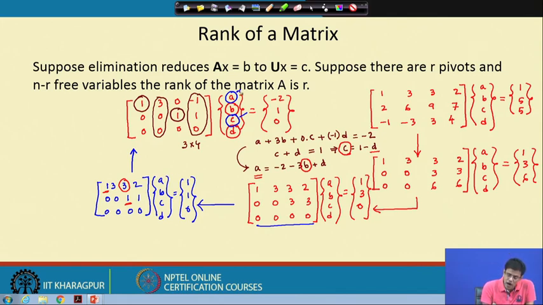So A and C are known as the pivot variables, and B and D are known as the free variables.